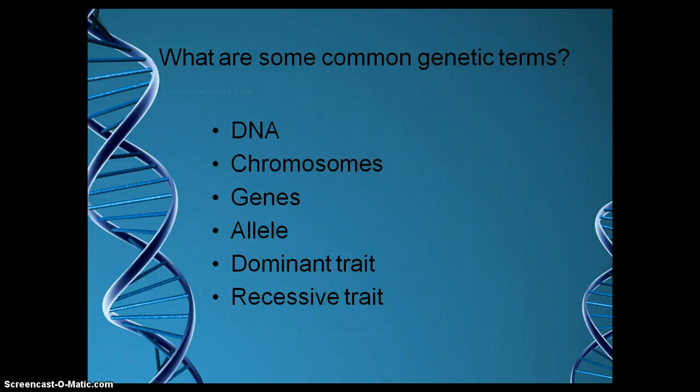In order for the recessive trait to show, both parents must pass on the recessive trait. Red hair is a recessive trait. So if mom gives me the recessive allele for red hair and dad gives me the recessive trait, then I'm going to have red hair. So if you remember, if a dominant allele is present, the recessive trait remains hidden.